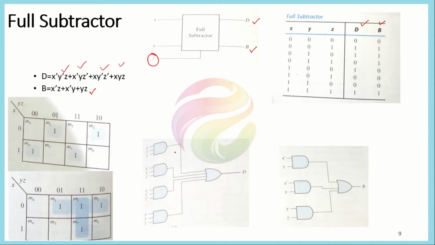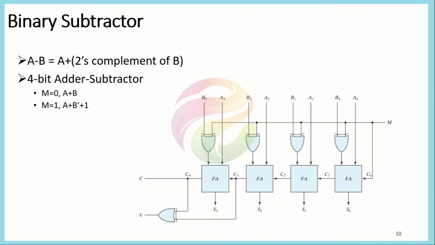Now if we represent them in the form of a circuit diagram, this would be the difference term here, and this would be the borrow term. And in both of them, we are assuming that we have all the inputs in both the complemented and uncomplemented form.